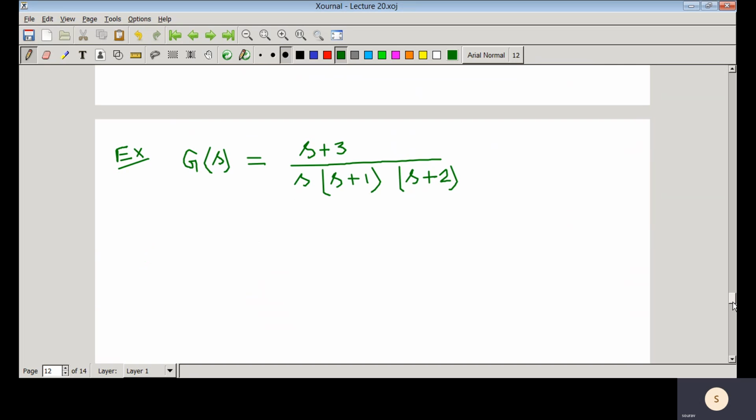So there are 4 factors. We can see there are 4 factors. So the first step is you just represent it in this form.